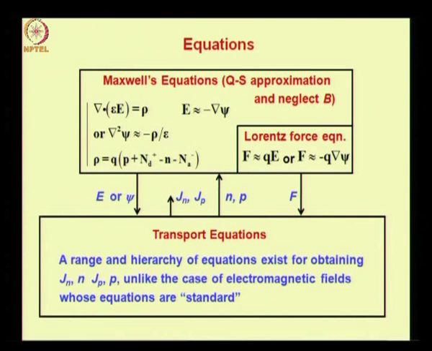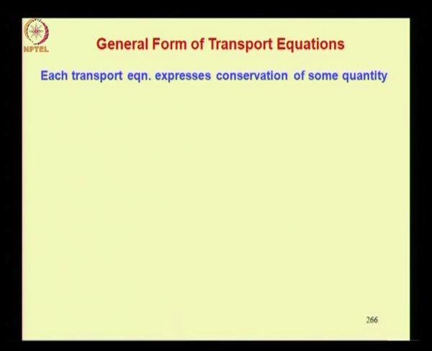Now let us look at the transport equations. A range or hierarchy of equations exists for obtaining Jn, N, Jp and P, unlike the case of electromagnetic fields whose equations are standard. So you have equations which yield you these quantities. Now we discussed the general form of transport equations. We said that each transport equation expresses conservation of some quantity.